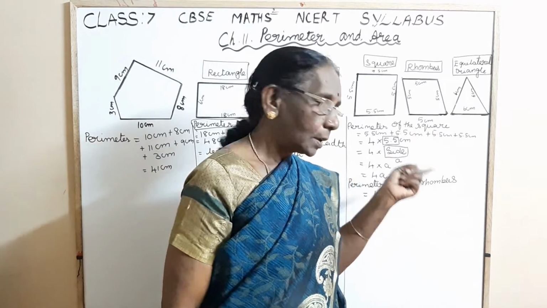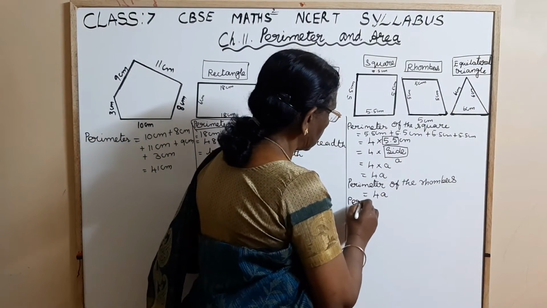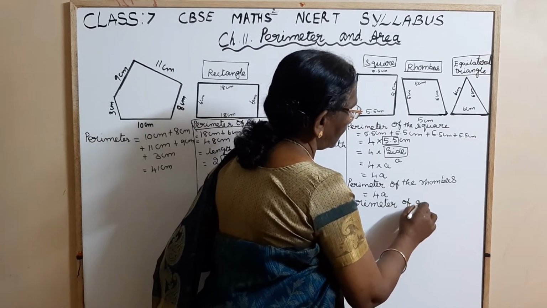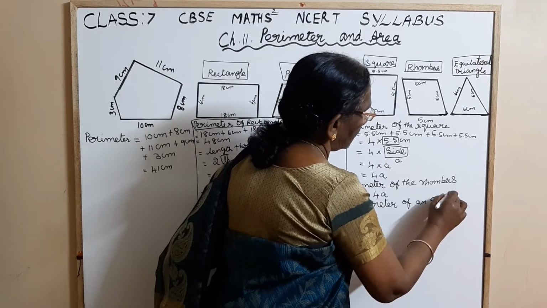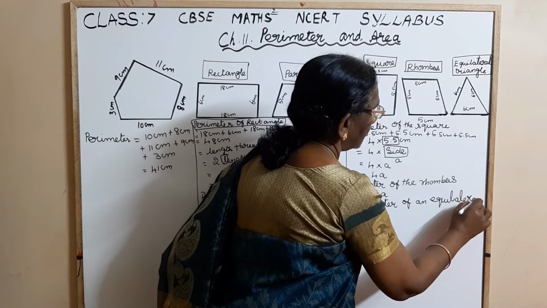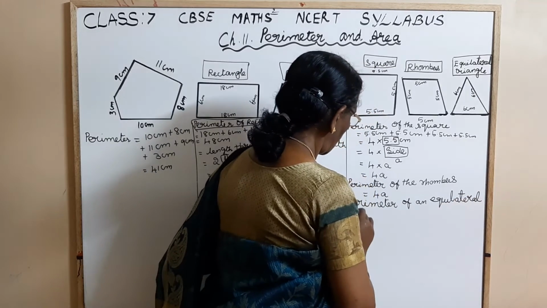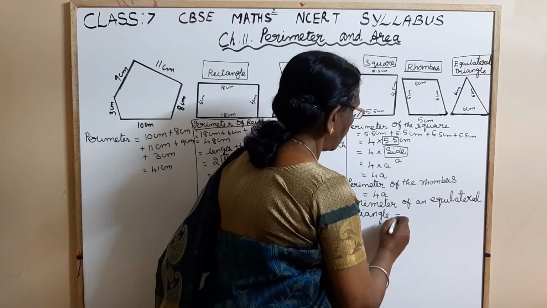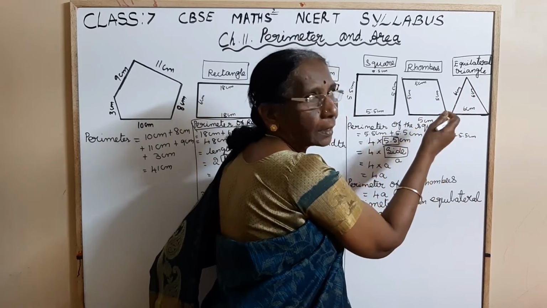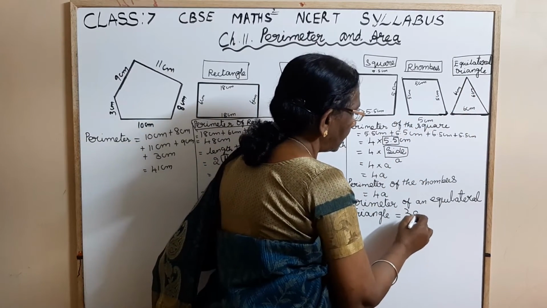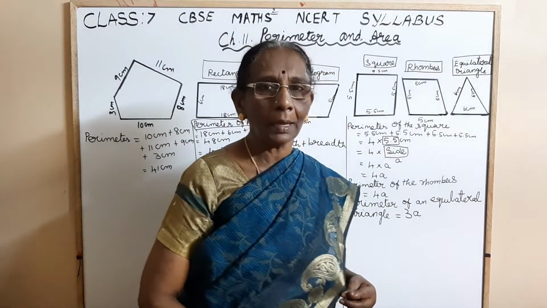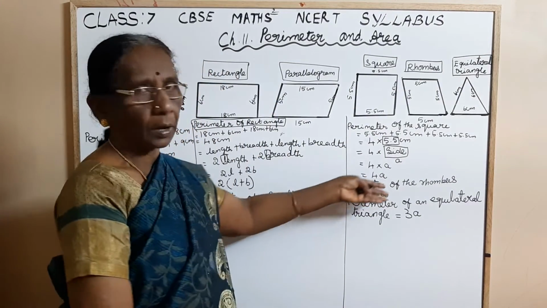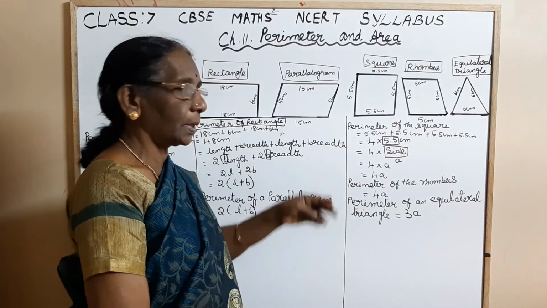So from this you can write the perimeter of an equilateral triangle is equal to, how many times are we adding the side? 3 times. So 3A, where A is the length of the side. Have you understood, children? So this is the way we are getting the formula, and these are the formulae you have to keep in mind.